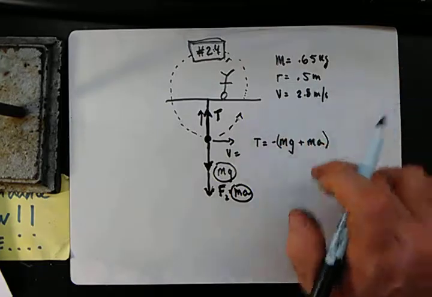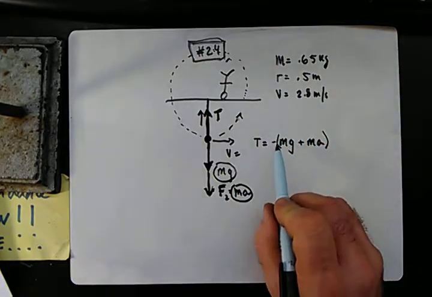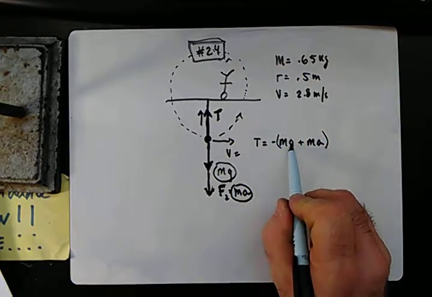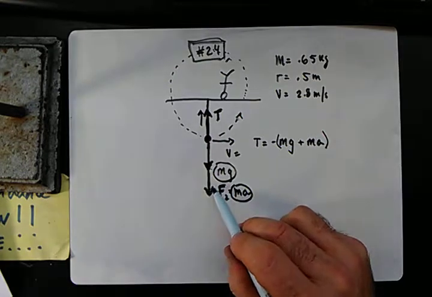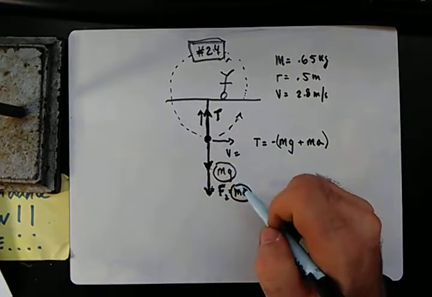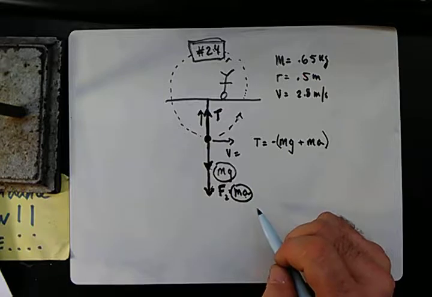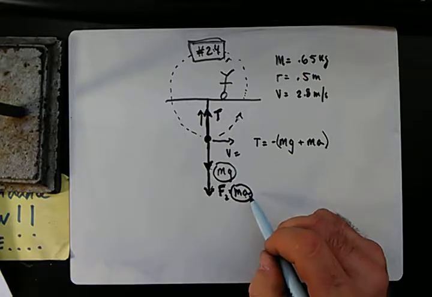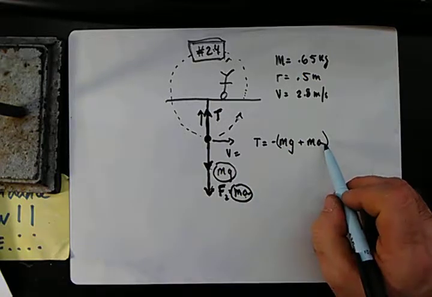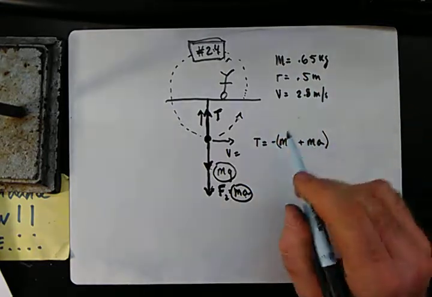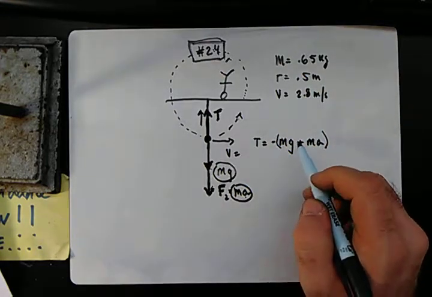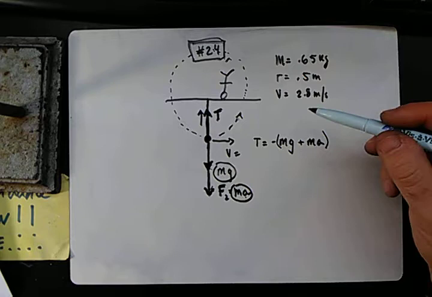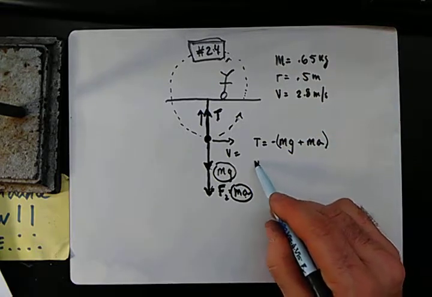Because we already know that gravity is pulling down, okay, we know that the acceleration here is a positive acceleration. So this is where it presents a couple of issues for us. So let's just figure this out.